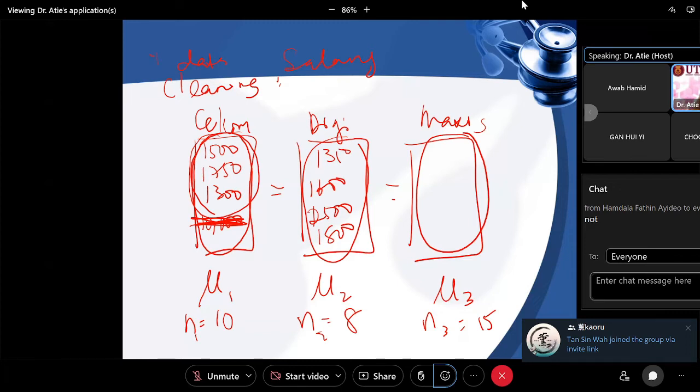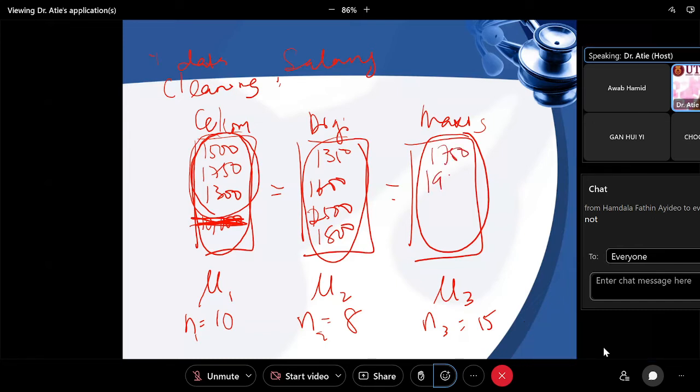Okay, and then Maxis. Let's say I have 1,750, 1,900, and then suddenly I got here 7,000, 6,700, and then this one 3,000. So look at Maxis. There's something before we can compare Maxis with Celcom and DG. Look at the within the group. We also have a problem here.